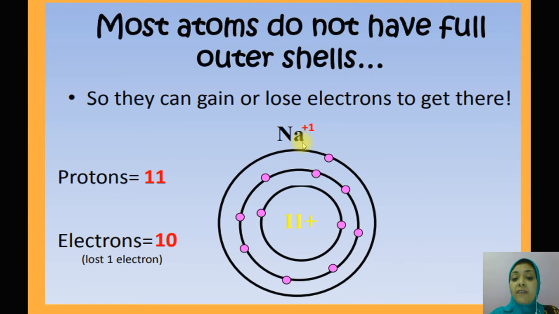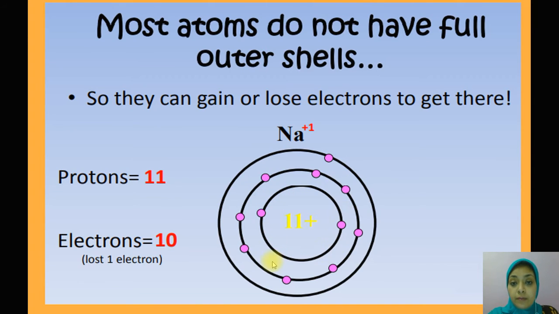Okay, if we have sodium, sodium has atomic number 11. Remember, the atomic number is the number of electrons in the atom of sodium. So we have 11 electrons. We can make the configuration with the first energy level K holding 2 electrons.